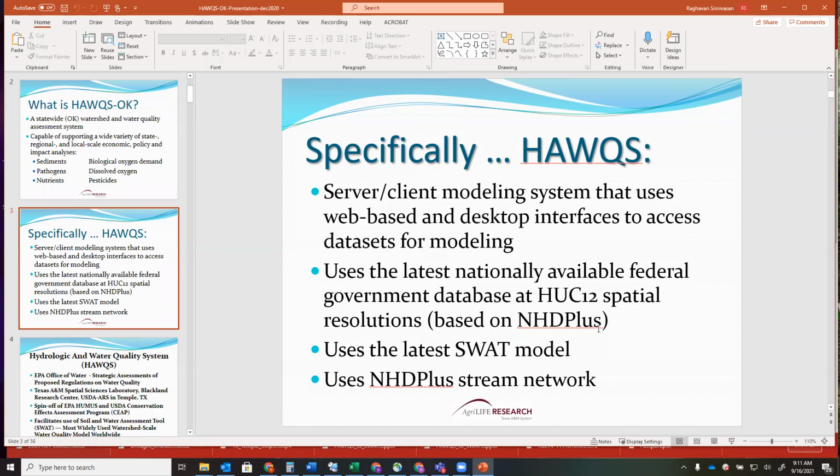If you're talking about NEXRAD, the Doppler radar, that is 4 kilometers by 4 kilometers, so you're talking about 2 pixels of NEXRAD as the resolution of your watershed in the HAWQS platform.